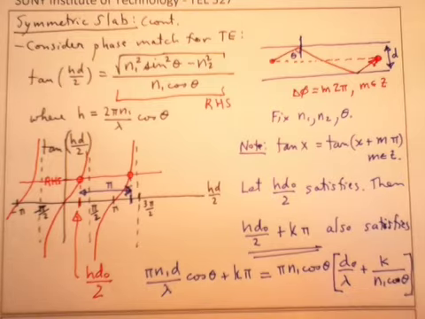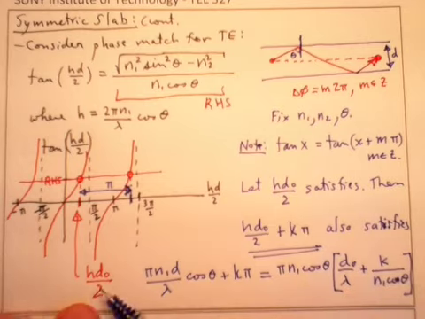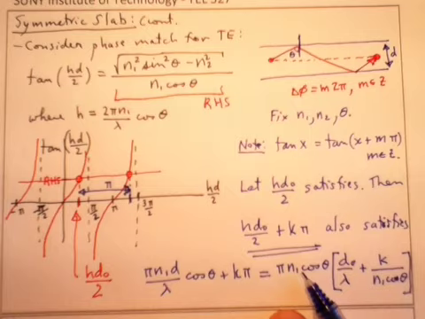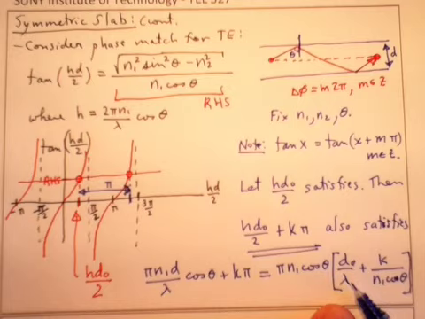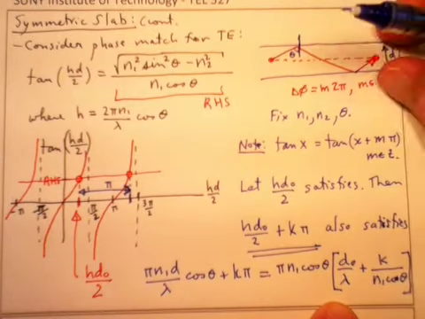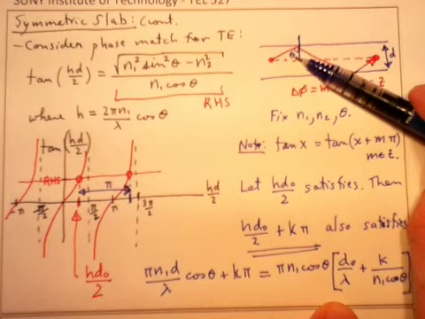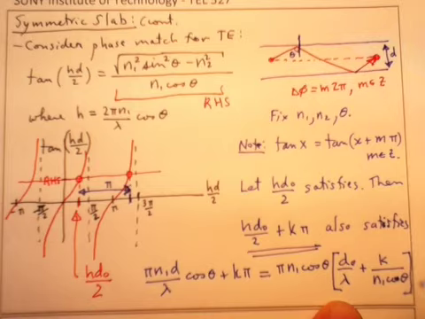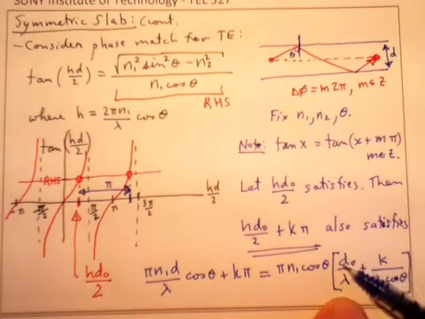So what this shows is that if hd naught over 2 satisfies, then this value also satisfies, and this value can be written like this. In other words, if I take the dimensionless quantity d naught over lambda, they both have units of meters, and I can find a particular waveguide thickness for which this fixed theta provides a phase-matched solution, then I can also find another value of that unitless quantity which also satisfies it, and it's given by this.